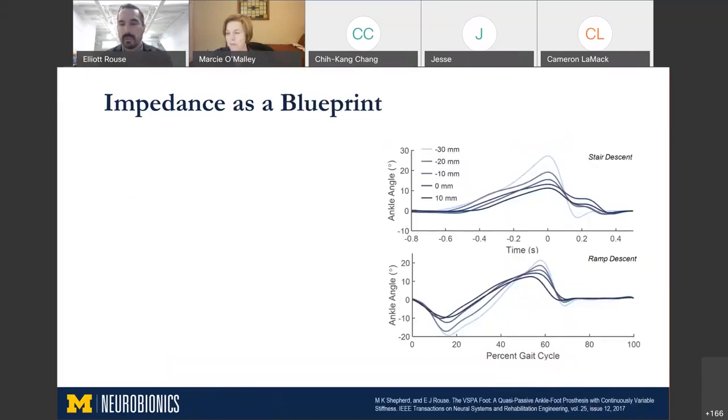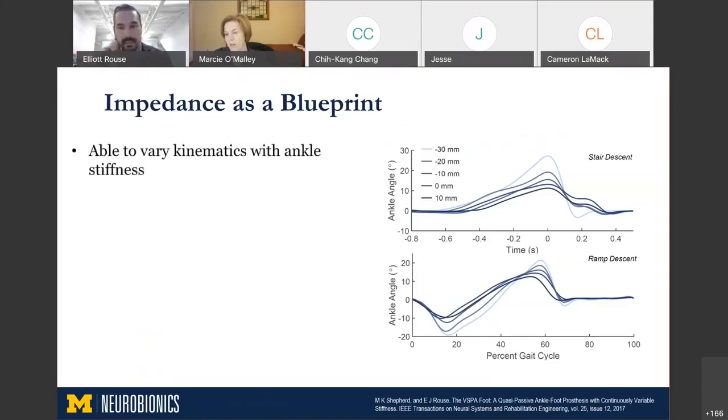So we used our torque angle curve to create the appropriate mechanics that would be following torque, angle, and stiffness at once for the first 2/3 of stance phase. And we tested this on a subject. So you're looking at a single subject's kinematics as a function of percent stance phase for 2 different activities. And the different lines here represent different slider positions or different stiffness configurations.